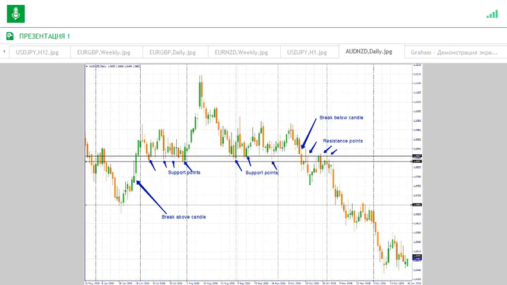We have a resistance which has been broken, then price has gone up again, then broken down to the lower side, and now we're below our key place here. So this means that we are supposed to look for a sell. If I'm concerned so much with price action, then this is a sell.